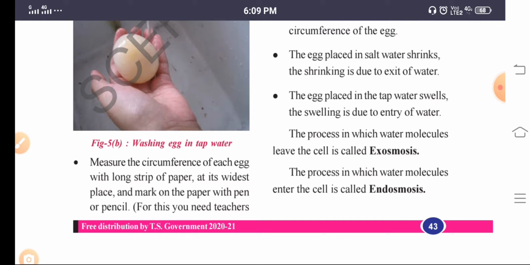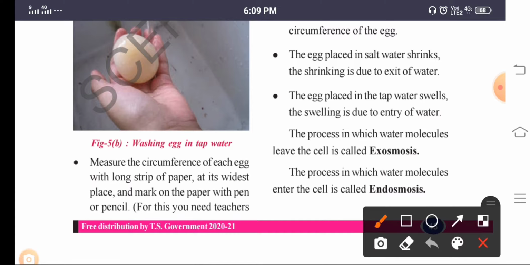Now let us measure the circumference of each egg with a long strip of paper at its widest place and mark on the paper with pen or pencil. So the circumference of the egg you have to measure by taking a long strip of paper.